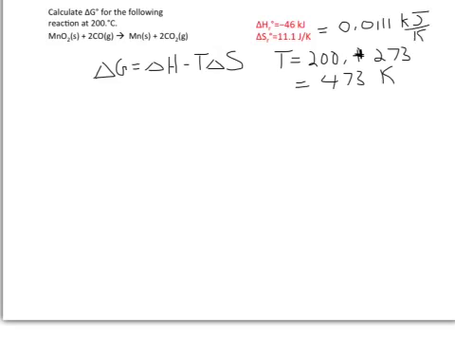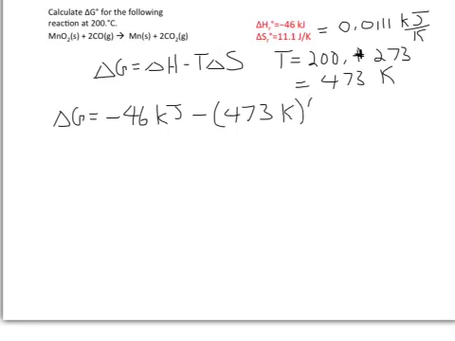kilojoules per Kelvin. So now I'm ready to go ahead and plug in my values into the equation for the free energy. So I've got negative 46 kilojoules for the enthalpy, minus 473 Kelvin times 0.0111 kilojoules per Kelvin.